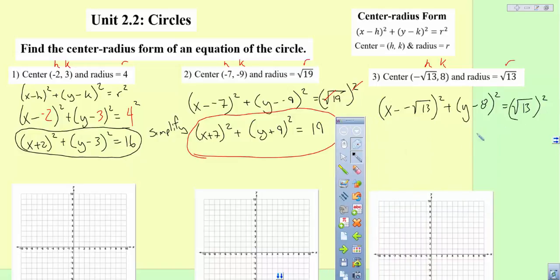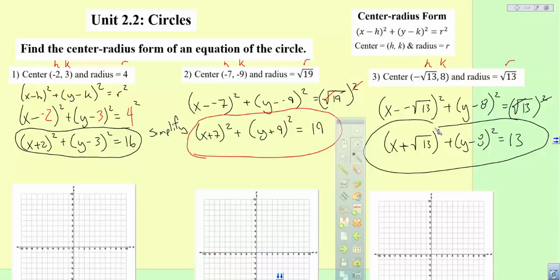So hopefully what you're seeing here is something along the lines of a triangle of some sorts, but we don't need to worry about that even though we're talking about circles. So we get x plus the square root of 13 quantity squared plus y minus 8 quantity squared, and then once again the square and the square root undo each other and we get 13, and that'll be the equation of our circle in center radius form given the center and the radius.